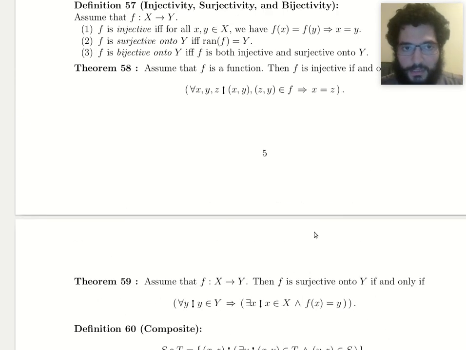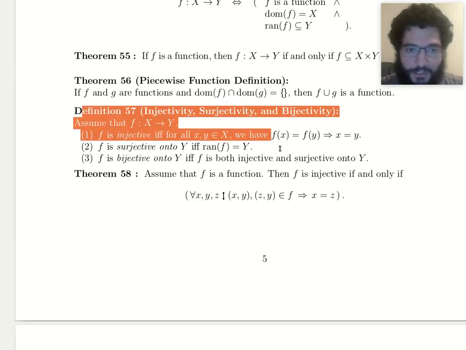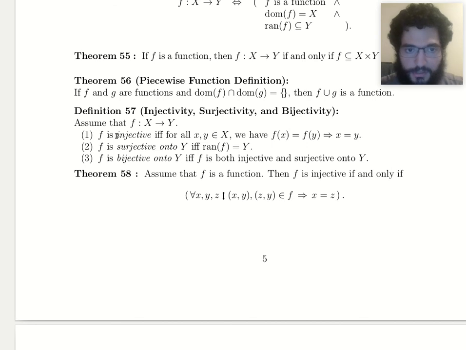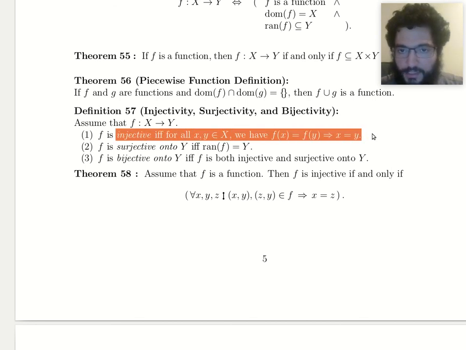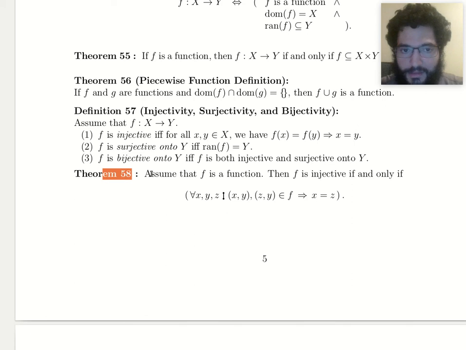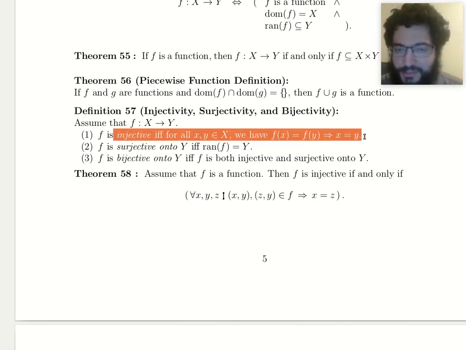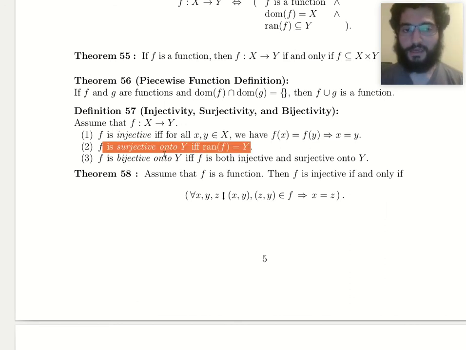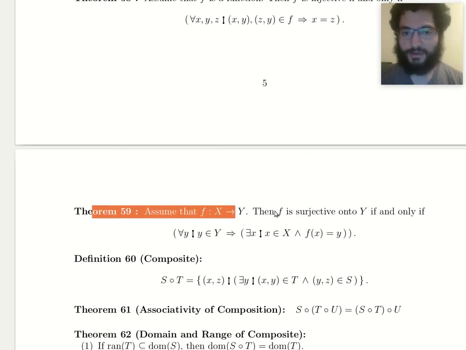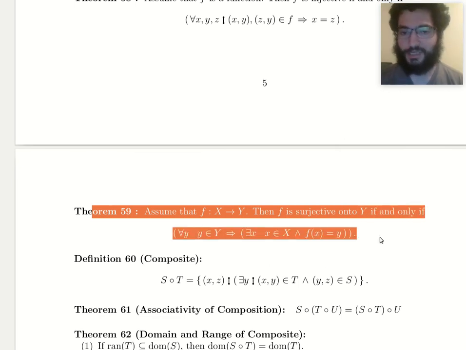Now, a quick comment about using this definition in practice. I already mentioned to you that usually you would use the definition of injectivity directly rather than this criterion given here. It's just much more convenient in most cases. For surjectivity, on the other hand, I would usually use Theorem 59 to prove surjectivity, except when you're proving Theorem 59 itself. That's the one exception, obviously.